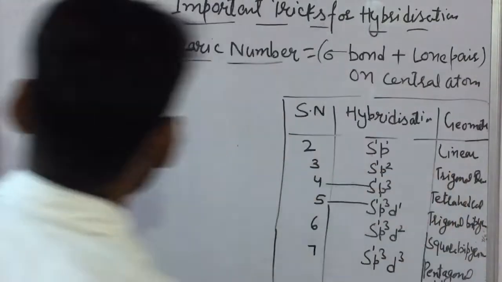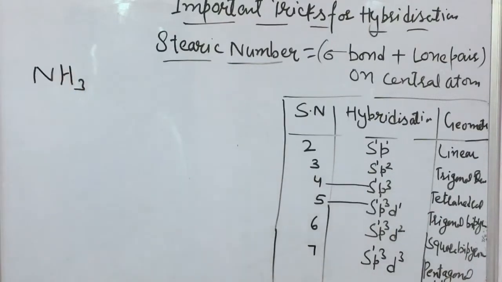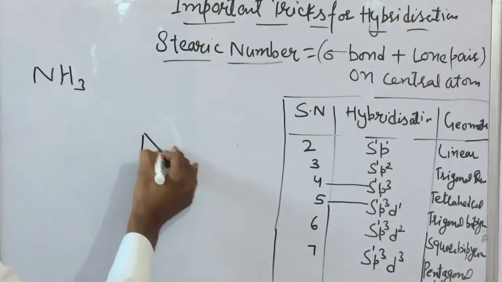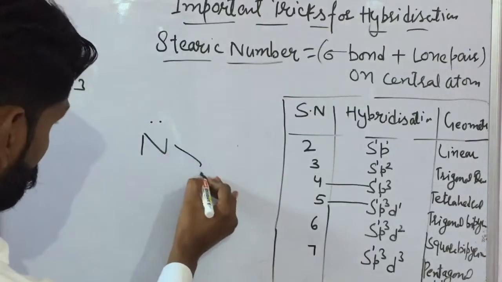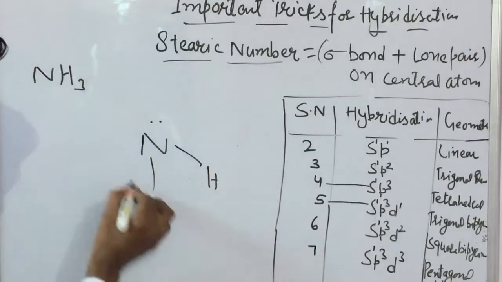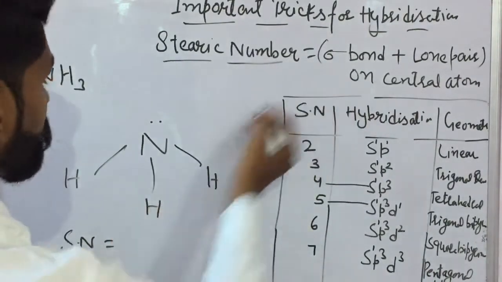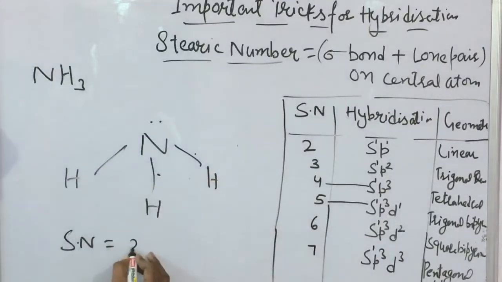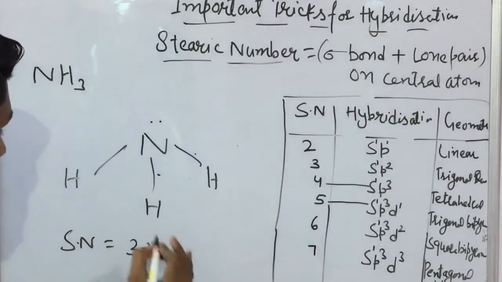Let's take some more examples for better clarification. Let us take NH3, ammonia. In the case of ammonia, there is one lone pair, and we can draw the structure like this. If we calculate the steric number of ammonia, sigma bonds 1, 2, 3 plus one lone pair, so we write 1.